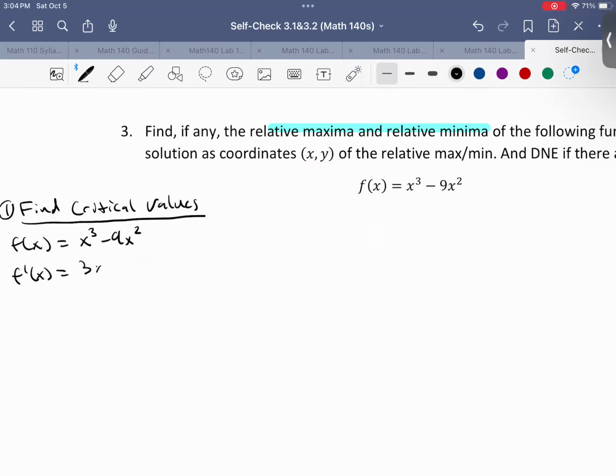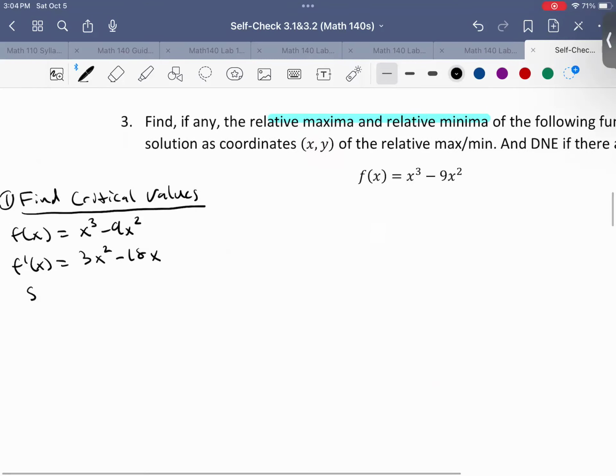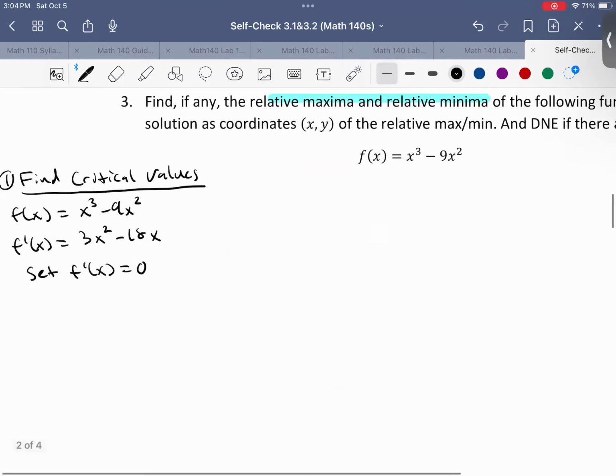So it'll be 3x squared minus 18x. And I need to set this equal to 0 and solve for x. So I'll have 3x squared minus 18x equals 0.